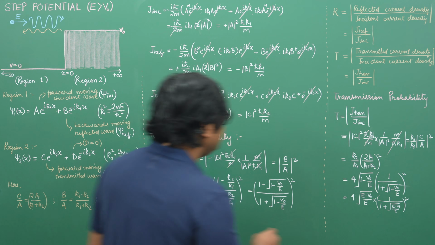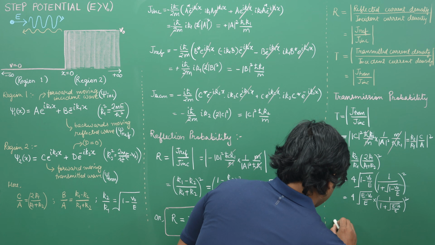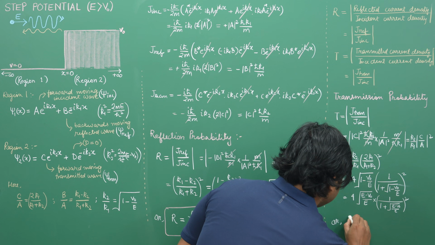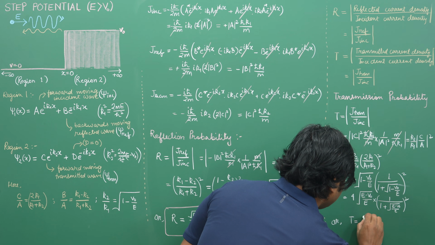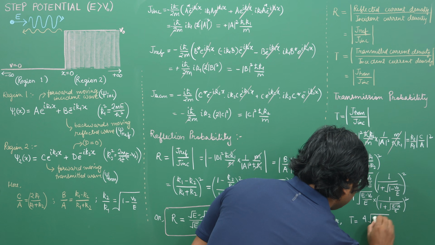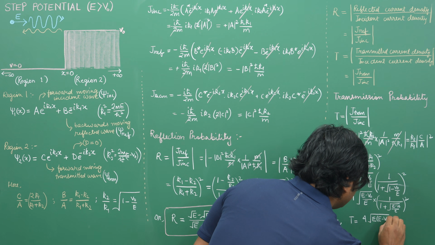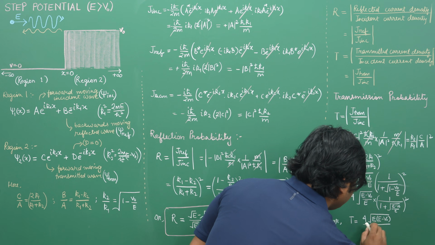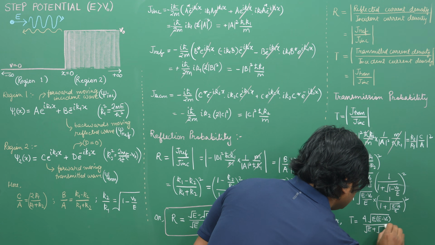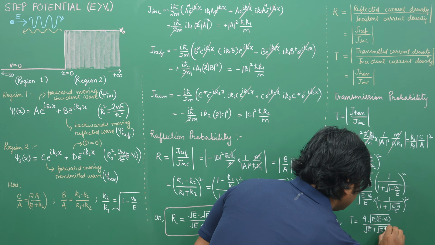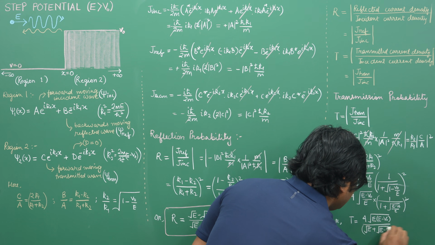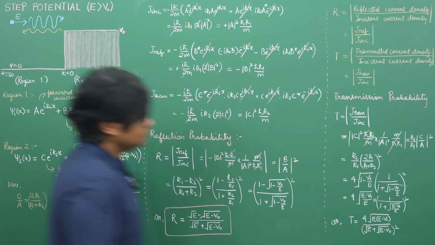This finally simplifies to T equal to 4 root over E minus V naught upon root E plus root E minus V naught, whole square. That's it.